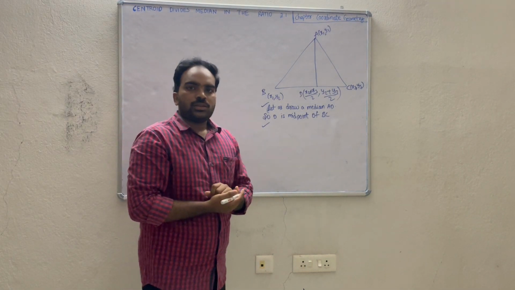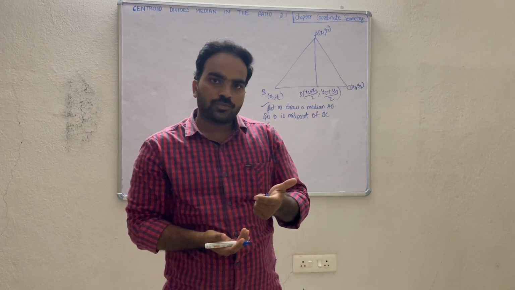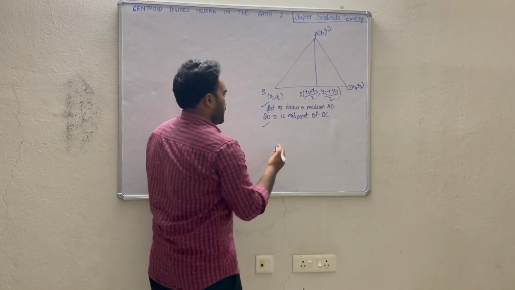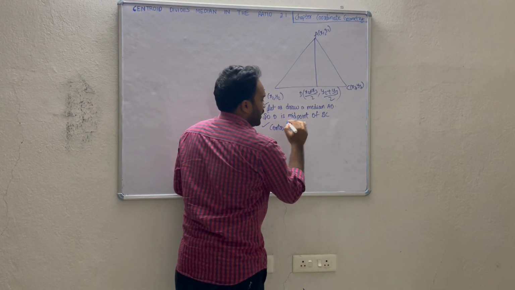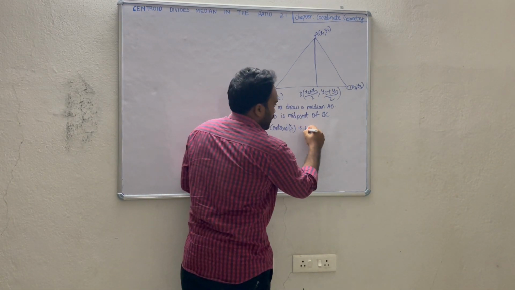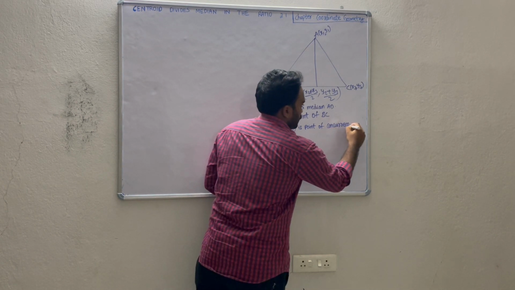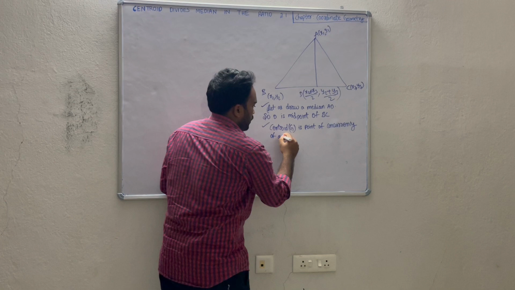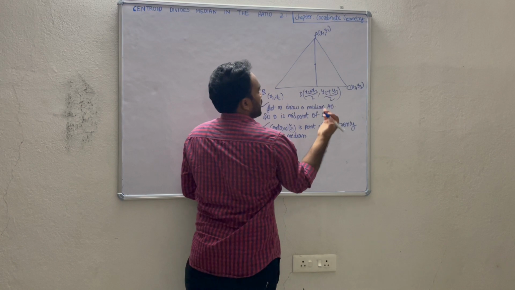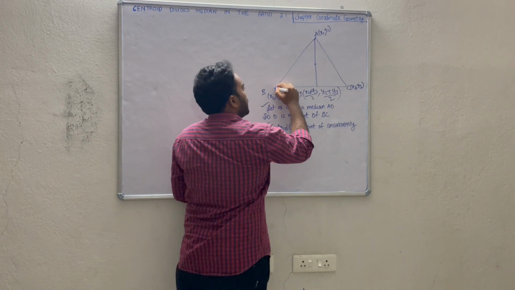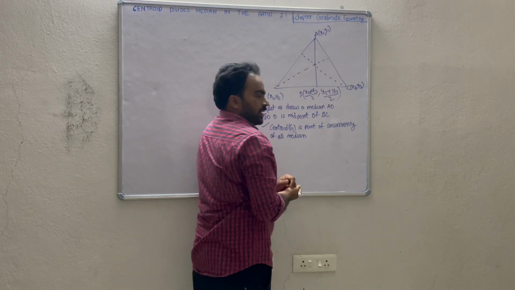The second one is the centroid. What is the centroid? It is the point of concurrency of all the medians in the triangle, right? We use the letter G to represent the centroid. If G is here, this is one median, this is another median, and this is another median I am drawing.